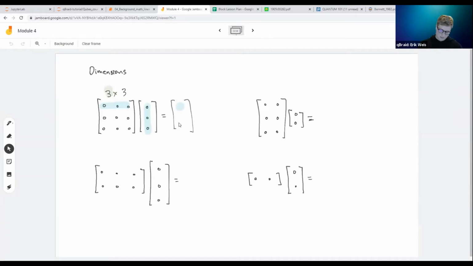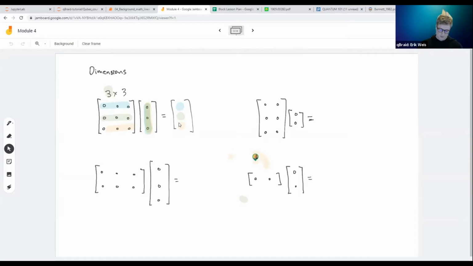Our second inner product is the second row and the vector, and we get an output. And our third inner product is the third row. So you can see that for a 3x3 matrix with a 3-dimensional input vector, we get a 3-dimensional output vector. This is the most common case that we'll deal with in quantum computing, not in particular 3 dimensions, but the idea that we take a vector and transform it into another vector of the same length.